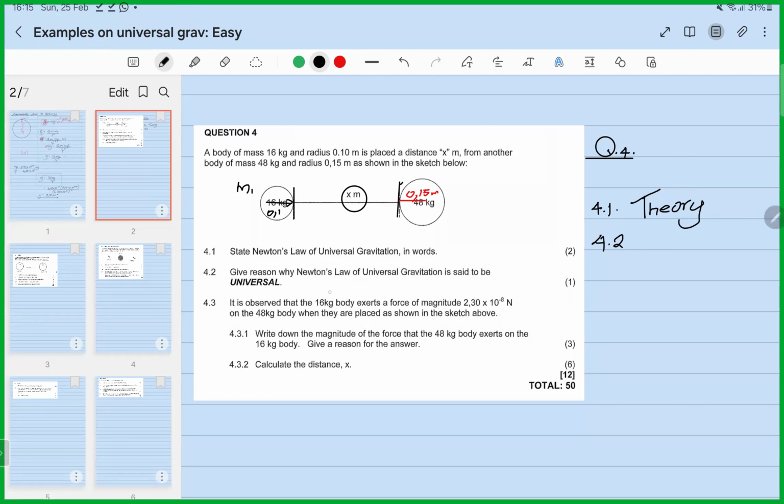Give a reason why Newton's law of universal gravitation is said to be universal. The reason why it's said to be universal: the law applies to any two masses in the universe.